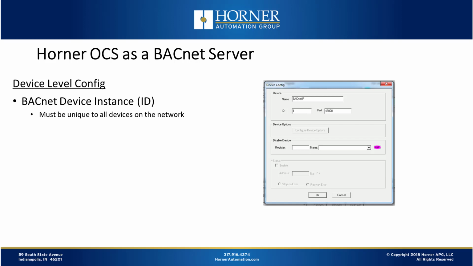That is a port that typically is used in almost all applications, so you can just leave that alone. In hex, I believe it is BAC0 for BACnet 0. So that's really all we have to do on that side of things: assign the instance ID. Everything else we can leave the same.